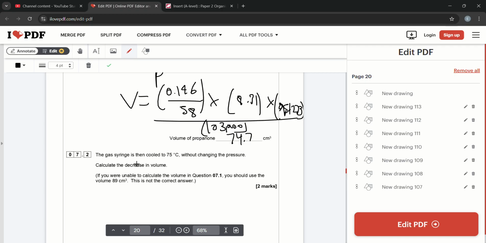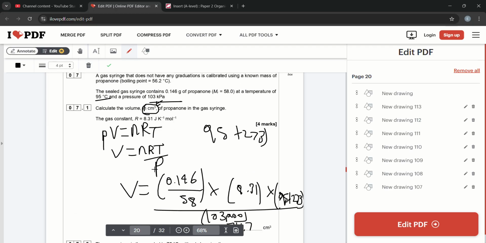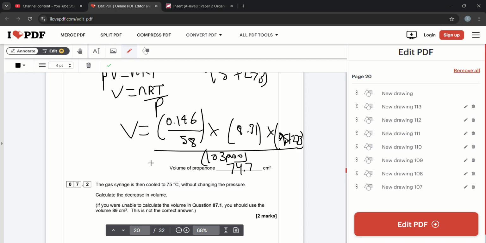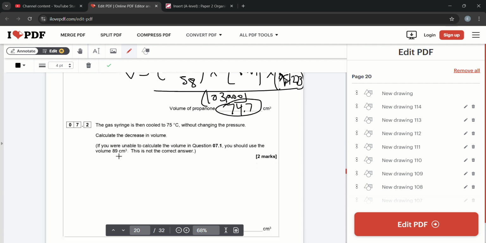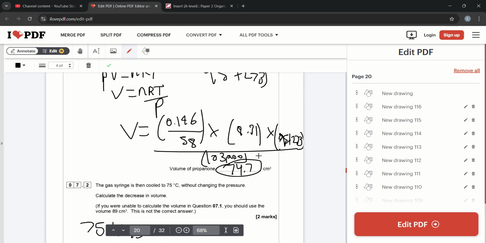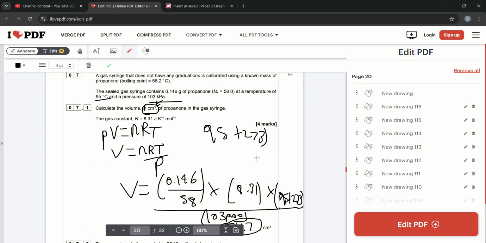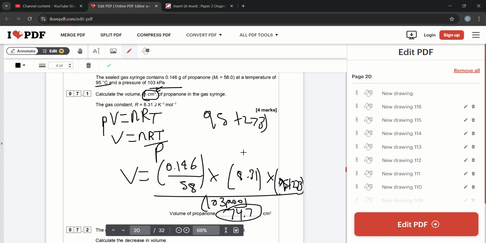7.2. The gas syringe is then cooled to 75 degrees Celsius without changing pressure. Calculate the decrease in volume. Now what we can do here is, we know that the volume is 74.7, so to find the decrease in volume, that's 75 degrees Celsius, 75 plus 273, divided by our original temperature in Kelvin, 95 plus 273, 368.